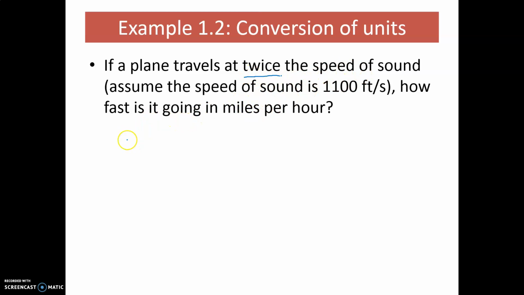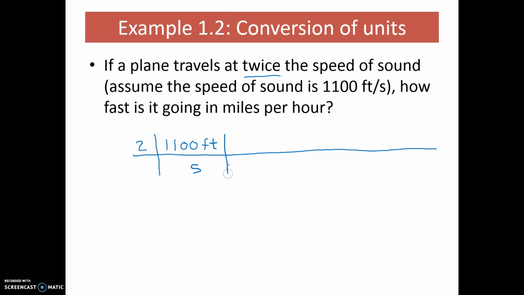Let's just do the conversion here. Normally I'm just going to draw a very long line, and we start with the first, that is twice, so I put 2 here to multiply by 1100. We do it properly so that we don't leave any kind of unit, so feet per second.